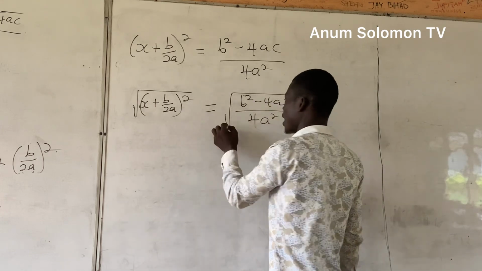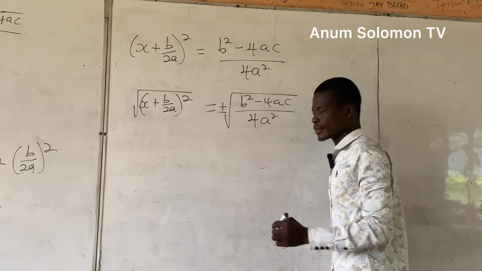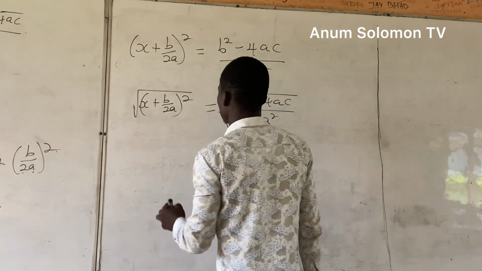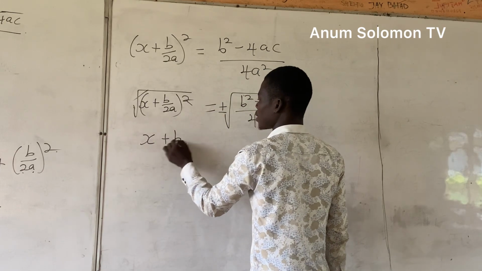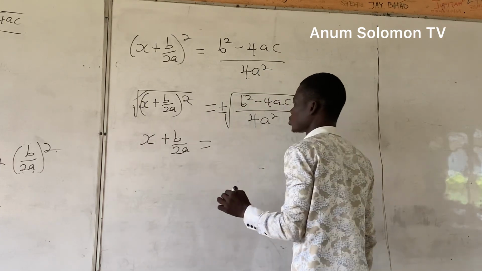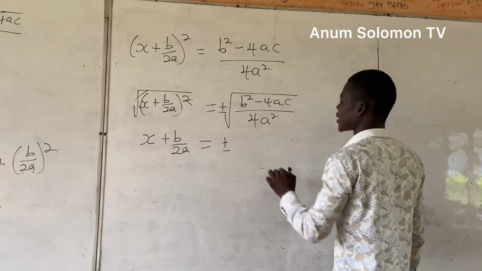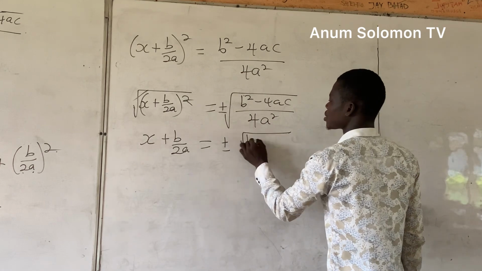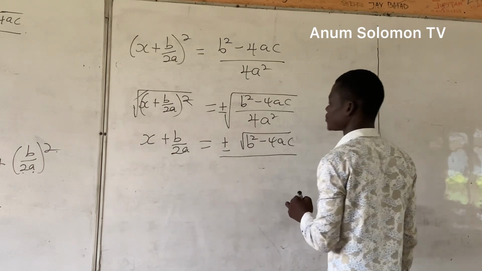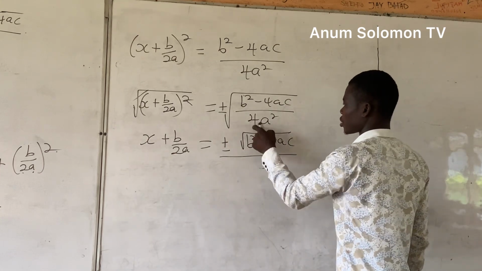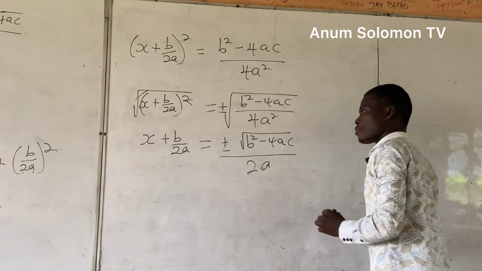When you take the square root of a number, I told you earlier that it's plus or minus. So we have x plus b over 2a is equal to plus or minus the root of b squared minus 4ac all over the root of 4, which is 2, and the root of a squared, which is a, so all over 2a.